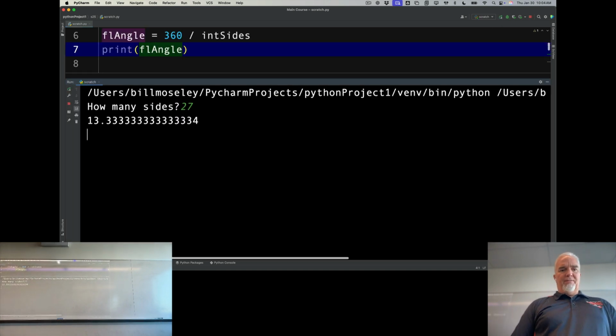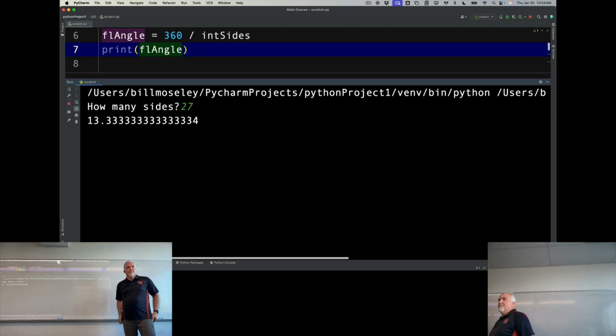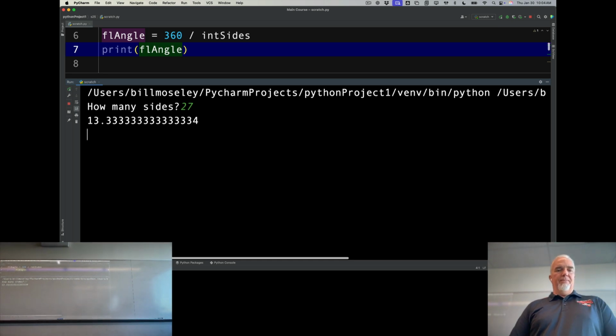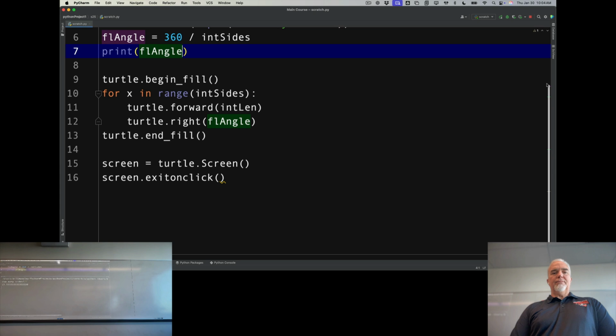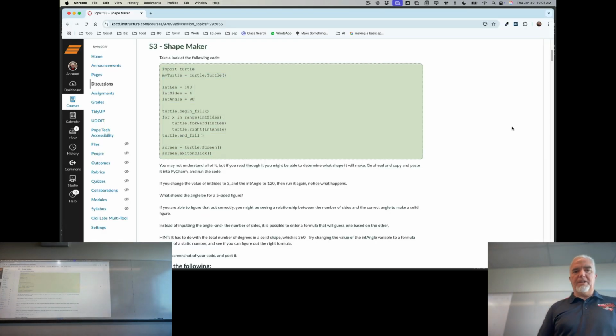So if I go back to the 27, that's the angle that it goes each time. Okay, so that's what we're doing. So when I went to a 100-sided figure, it was going 3.6 degrees, and the 6 is repeating.